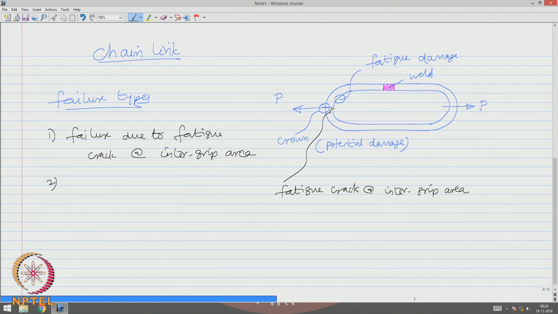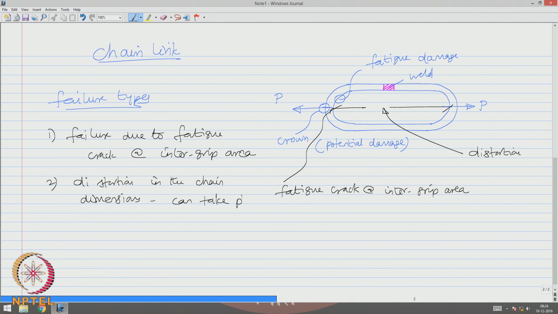The second can be within this length, there can be a distortion in the chain dimension which can take place along its length.